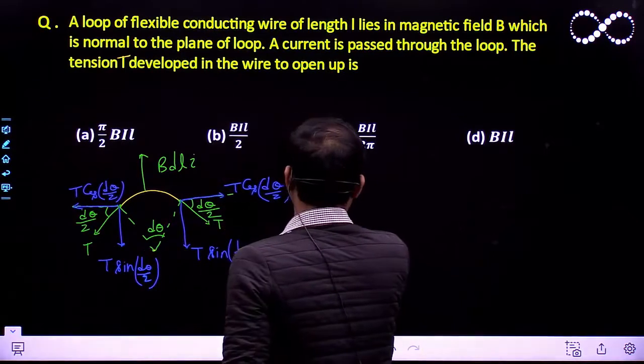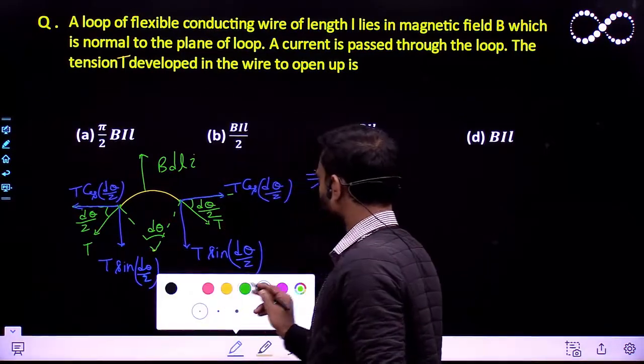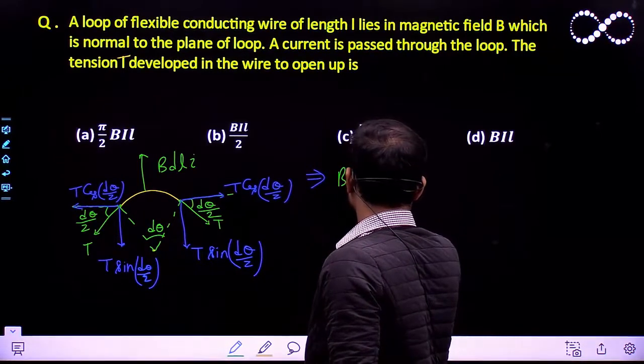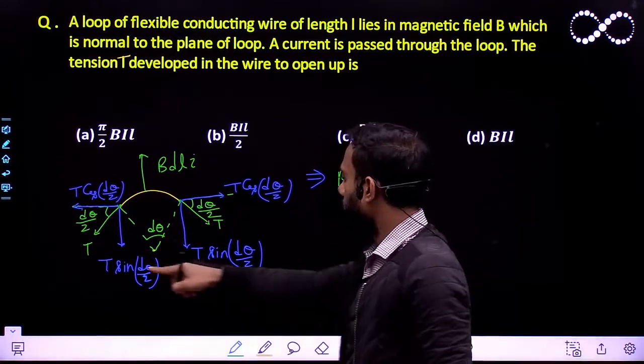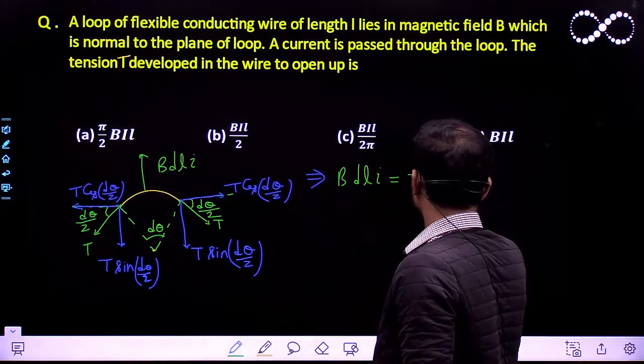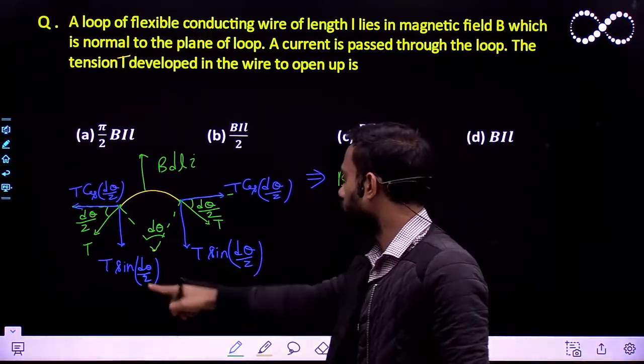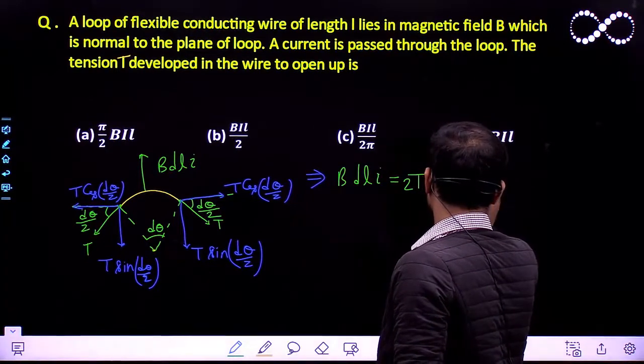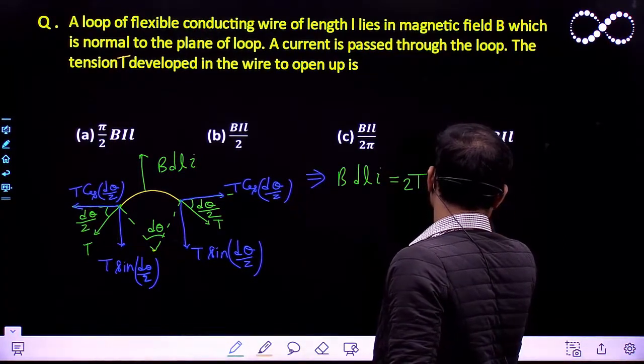From here I can say B I dl must be balanced by these two forces. These two magnitudes are equal, so that will become 2T sin d theta by 2.